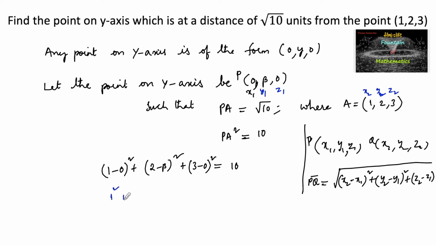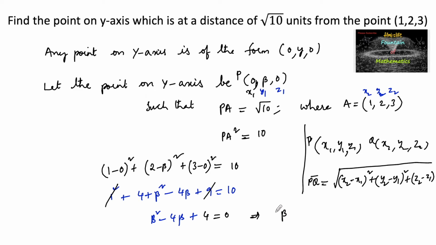So 1 square plus 2 minus beta whole square, by using a minus b whole square, 2 square is 4 plus beta square minus 2ab, that is minus 4 beta, plus 3 square is 9, which is equal to 10. So we can write beta square minus 4 beta plus 1 plus 9 is 10, and here 10 gets cancelled. So here remains only plus 4 equals to 0.